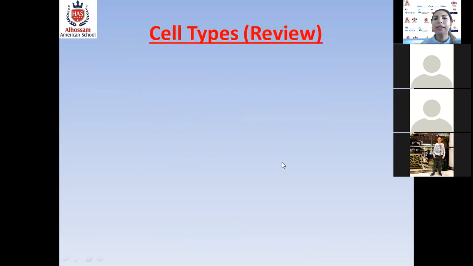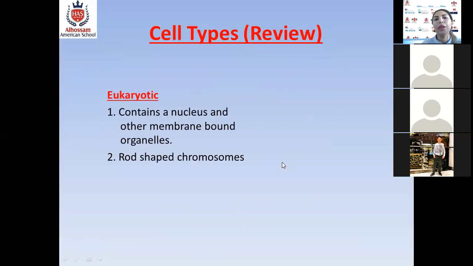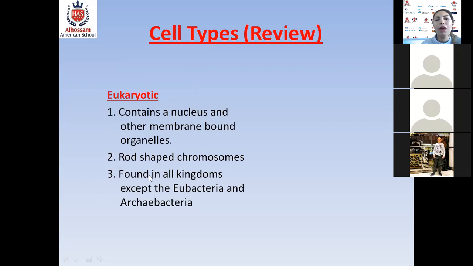And now, cell types. We can make a comparison between eukaryotic cells and prokaryotic cells again. So, eukaryotic cells: number one, contain a nucleus and other membrane-bound organelles. Number two, rod-shaped chromosomes. Number three, found in all kingdoms except eubacteria and archaebacteria, because they are prokaryotes, not eukaryotes.